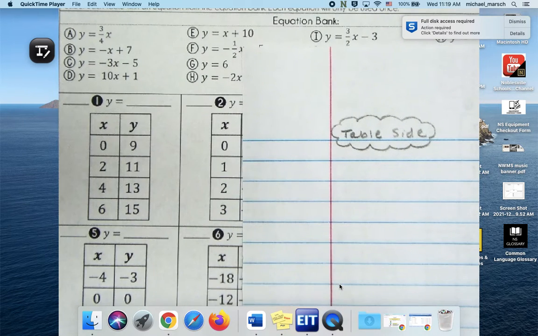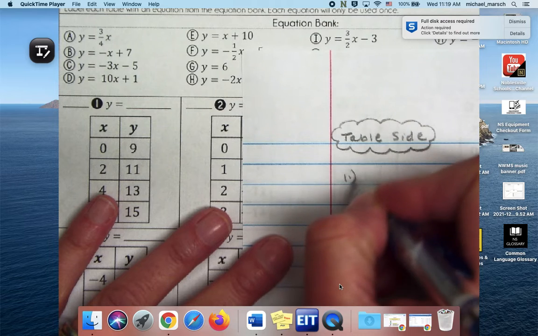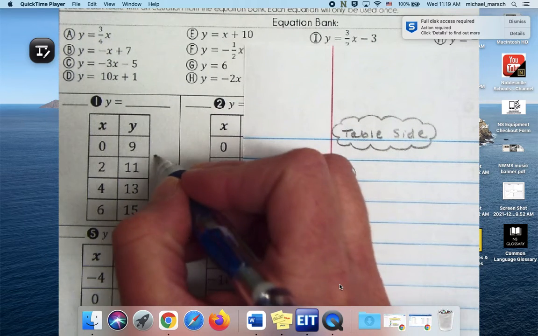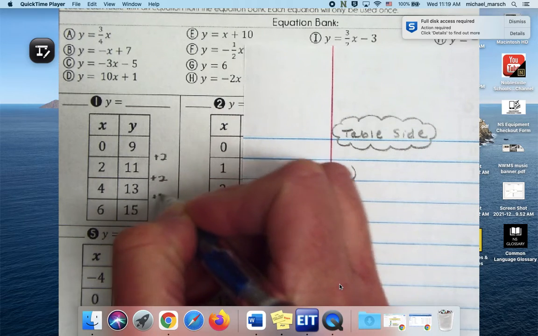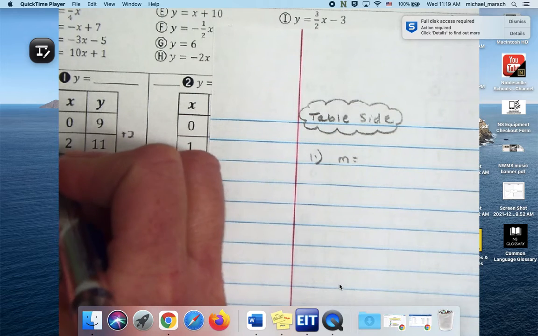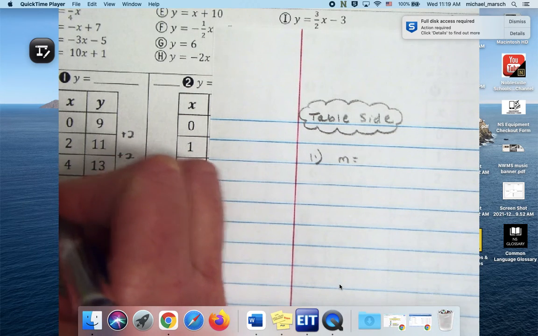Okay, so who can recall how to find the slope from a table? What do we do here? Keegan. On the y side, it goes down by 2, so it's 2 over, and then on the x side, it goes down by 2, so it's 2 over 2.